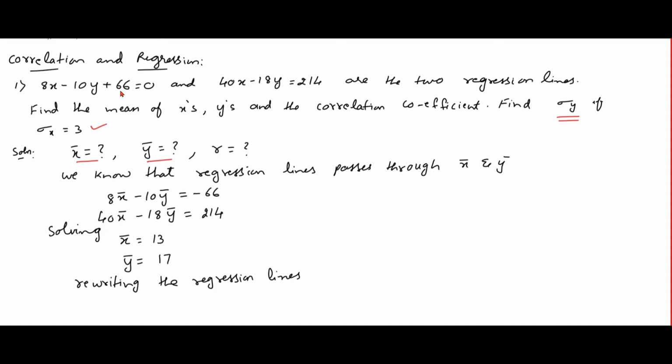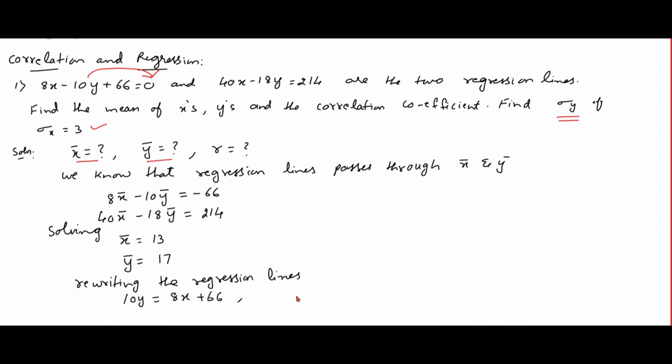I'll write y is equal to. It is better to take the 10y to the other side, so it becomes plus 10y is equal to 8x plus 66. So I have 10y is equal to 8x plus 66.